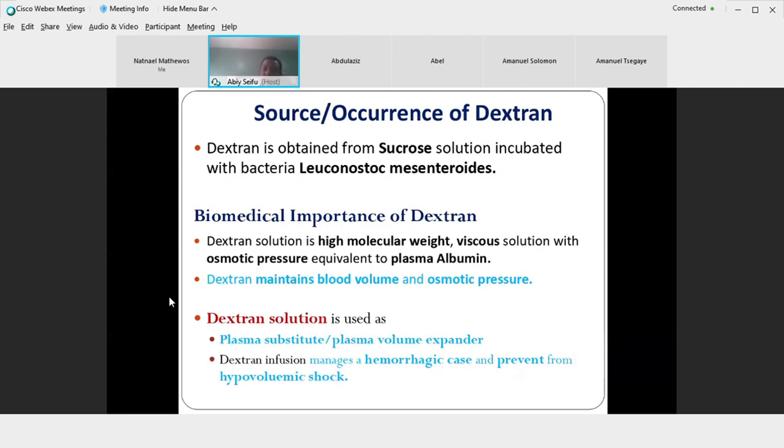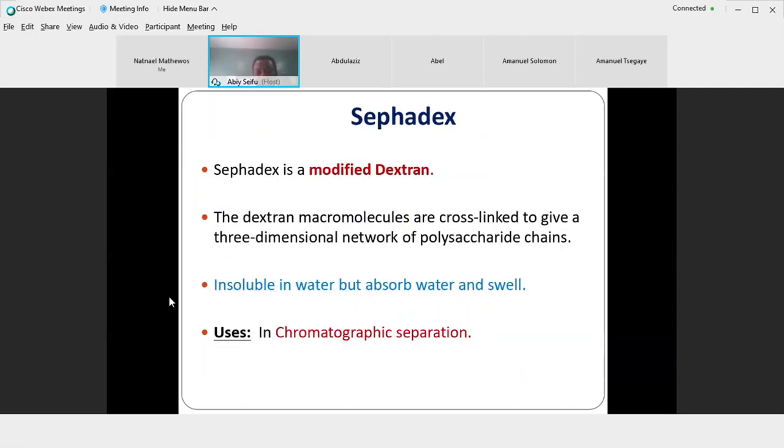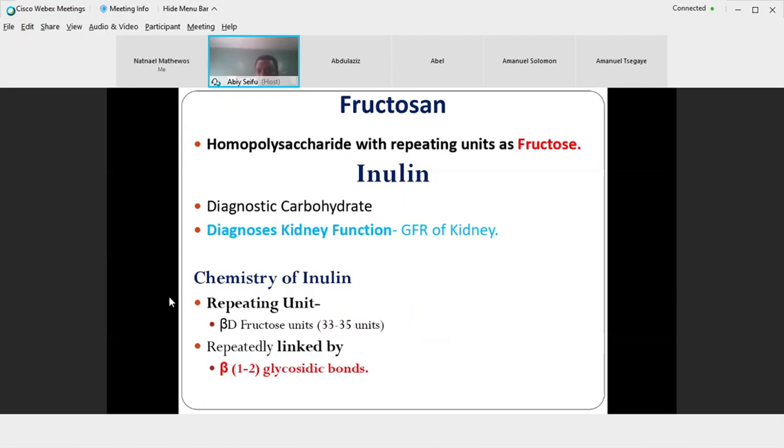Dextran solution is high molecular weight, and viscous solutions with high osmotic pressure equivalent to that of our plasma albumin. Therefore, dextran maintains blood volume and osmotic pressure. The other is Sephadex, a modified form of dextran, which is useful in chromatographic separations. Okay. The other is fructosan.